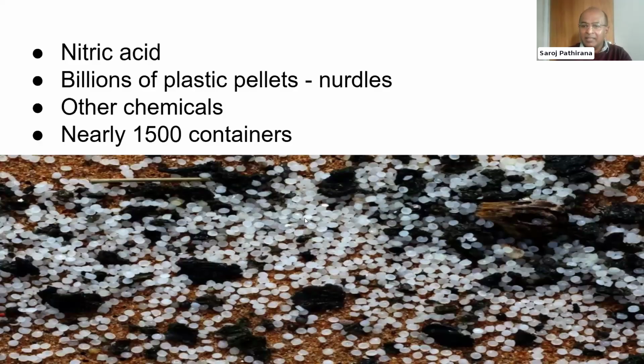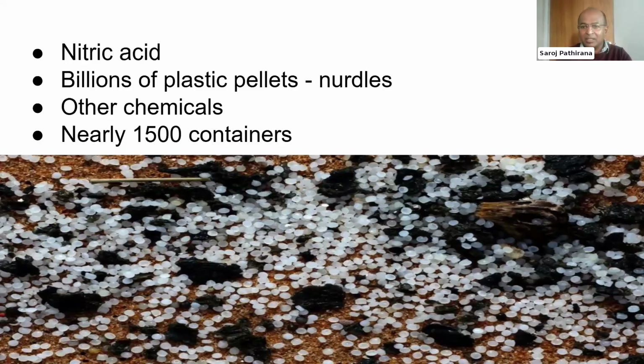As I said, the reason was the leaking nitric acid container, but the ship was accused of not releasing information, not telling the truth to Sri Lankan authorities when it arrived that there was a leaking nitric acid container on board. As a result, Sri Lanka was not prepared to deal with it.